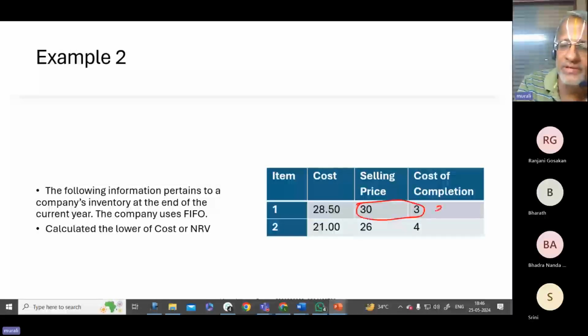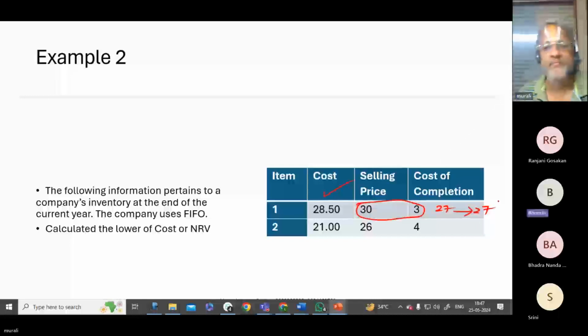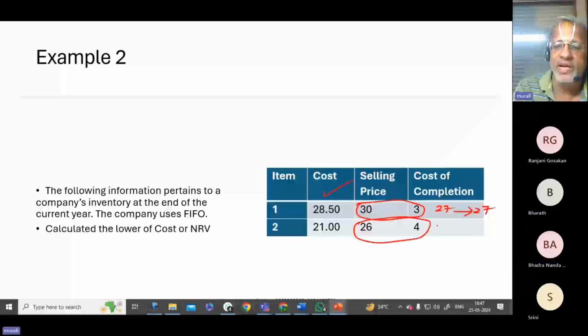NRV is going to be 27. Cost is 28.5. NRV is 27. The final value is going to be 27. Correct? Yes. In this particular case, the NRV is going to be 22, which is greater than your cost. So the value of that is going to be 21.